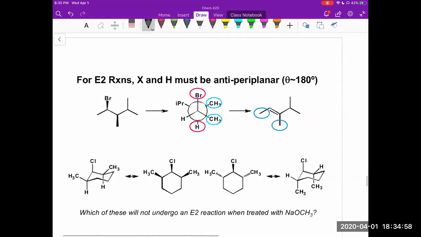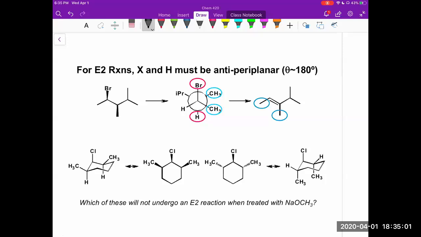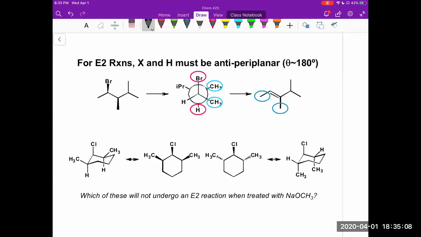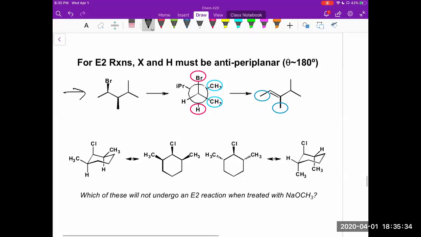Okay, now let's look at some examples of where that becomes a factor. And then I think after the end of this slide, we'll go ahead and do that homework. So for E2, you have to get the leaving group and the H anti-coplanar. In this particular top molecule, that branched alkane, I have my bromine coming towards me, and then I have a methyl coming towards me right next to it.